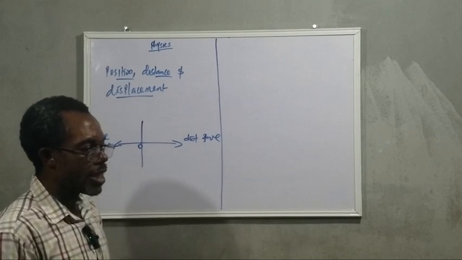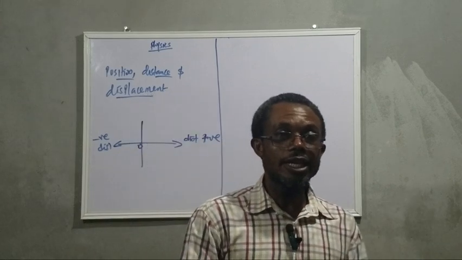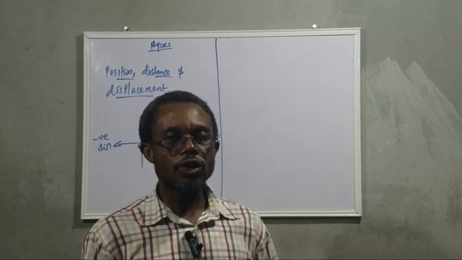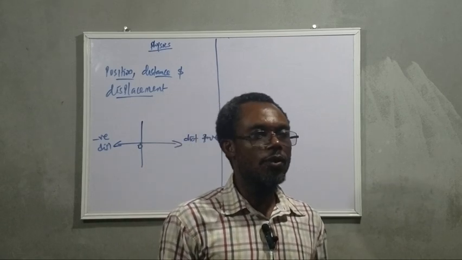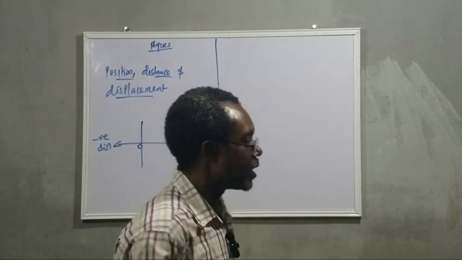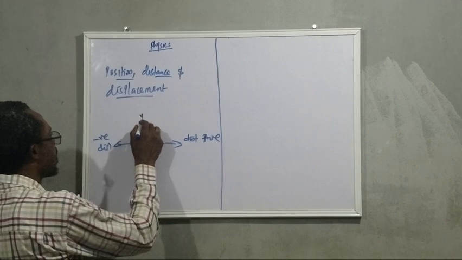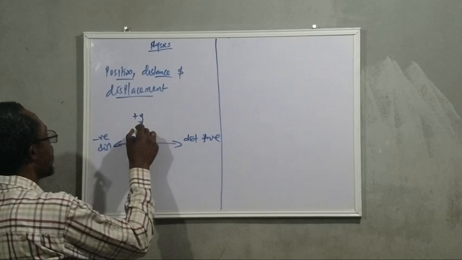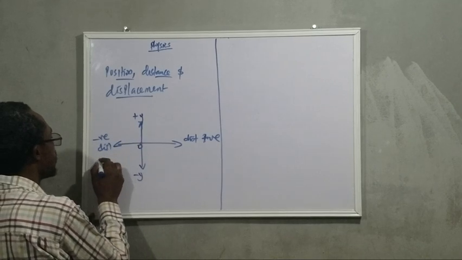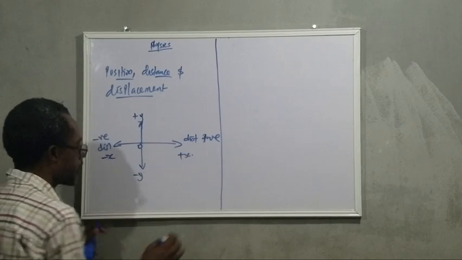Now, distance in this case can be projected in our polar coordinates, or specifically in the Cartesian plane, where we have two values, the x values and the y values. Remembering that on the vertical component we have the positive y, here we have the negative y, and to my left we have the negative x, and to my right we have the positive x.